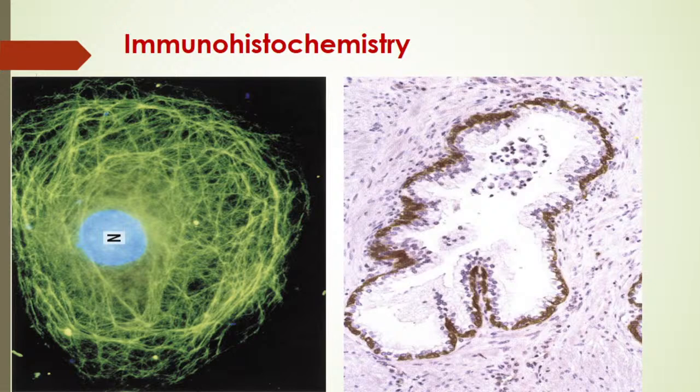Immunohistochemistry, we have seen here the identification of microtubules in fluorescent microscopy of decidual cells in rabbit, and here we have identified the basal cells in the prostatic gland duct.